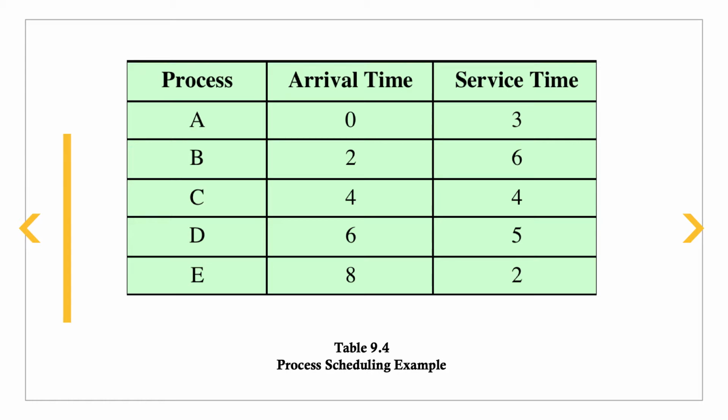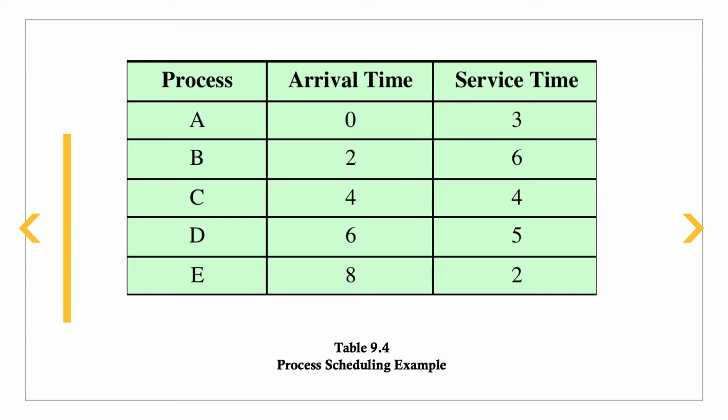So we're going to go through an example where we take a look at what different approaches do with this set of processes. If I've got processes A, B, C, D, and E, and I've got some arrival times and service times, right? Let's assume that the service times were supplied by the programmers. And the arrival time, we're just talking about time slices.